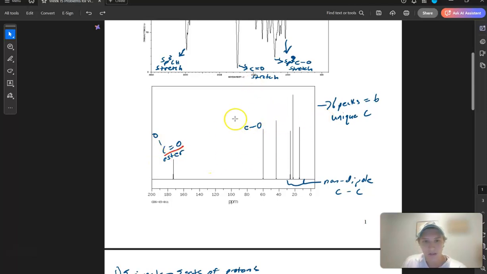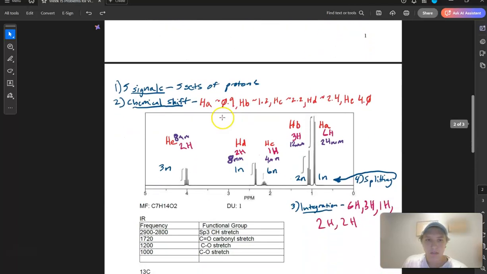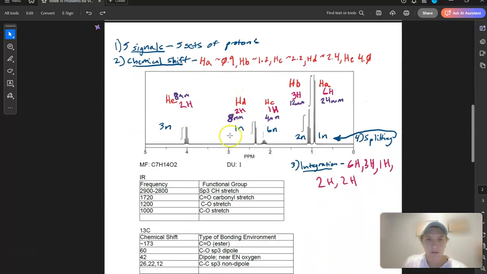We can also tell from the 13 carbon NMR, there's 6 peaks here, showing 6 unique carbons. We know that we're supposed to have 7 carbons, so that tells us that 2 of them are symmetrical. So we'll keep that in mind as we go down to our proton NMR.